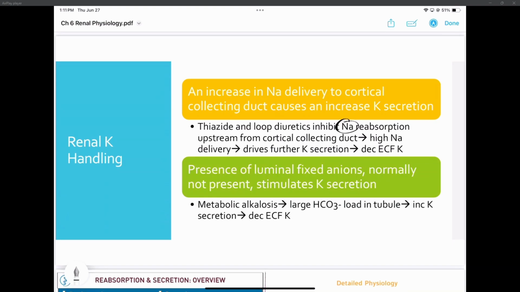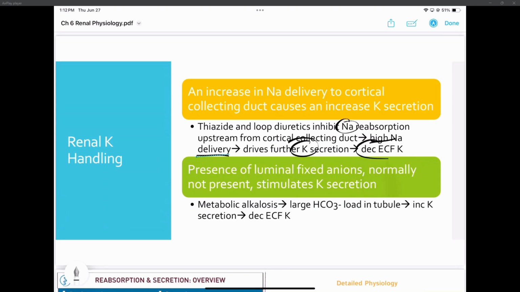As this builds up, we get high sodium delivery, which gets to the cortical collecting duct towards the end, because it's not getting out of the urine. It goes along the ride over the whole nephron. When all this excess sodium hits the cortical collecting duct, it drives further potassium secretion.